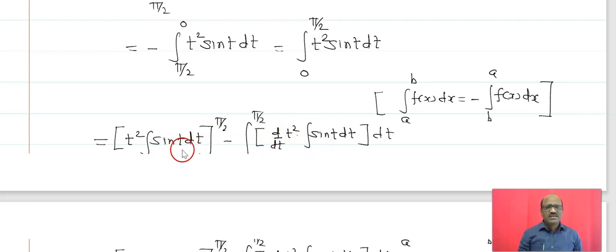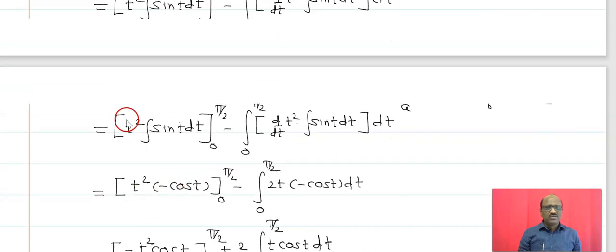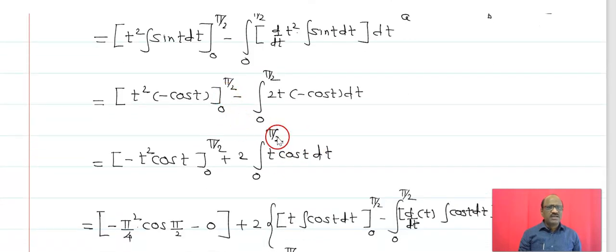Now next, the integral of sin t is minus cos t, and you can write here t square and minus cos t, lower limit is 0, upper limit is pi by 2, minus integral 0 to pi by 2 of 2t into minus cos t into dt, and again this minus and minus will become plus. What about this first term? We substitute the upper limit, that is pi by 2, lower limit is 0.